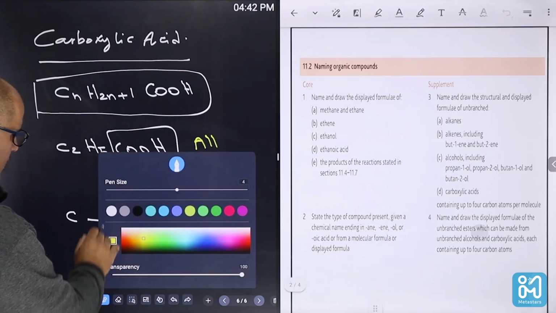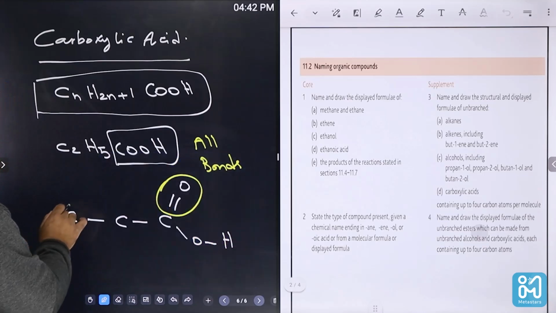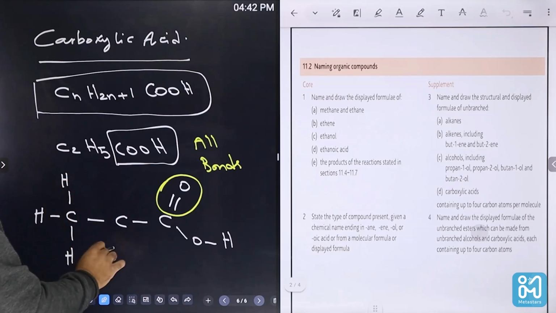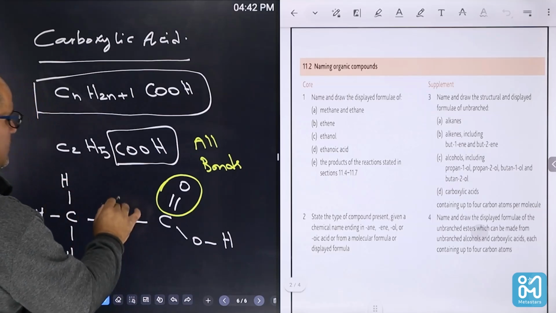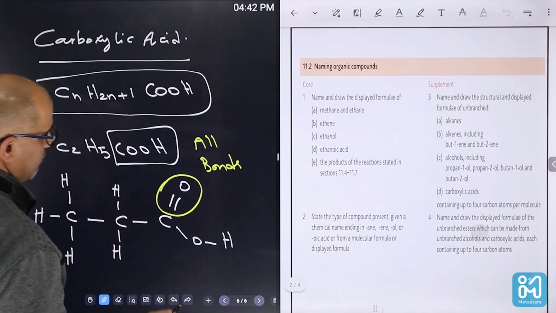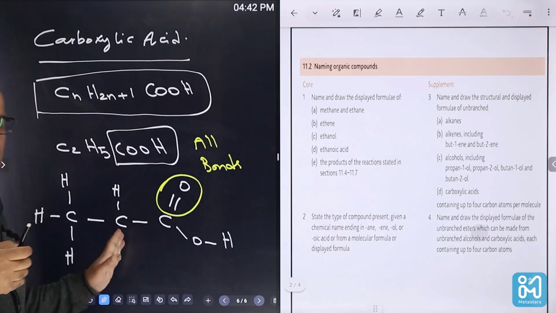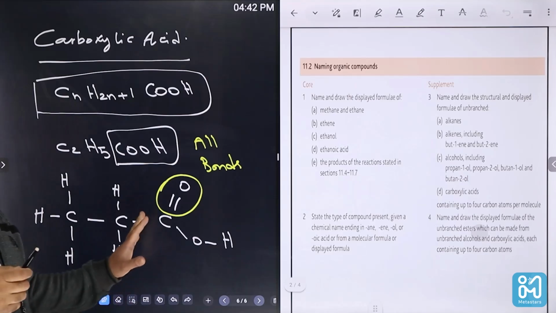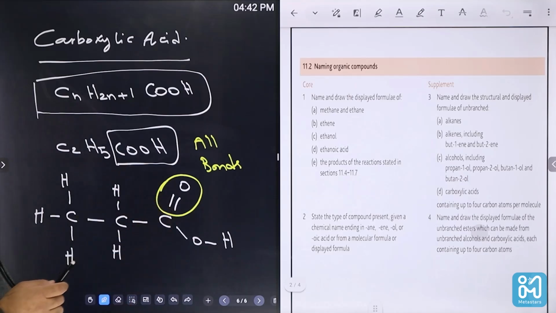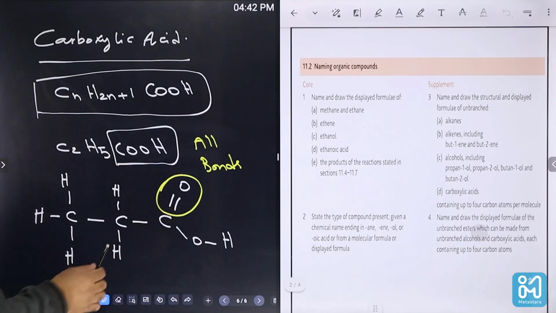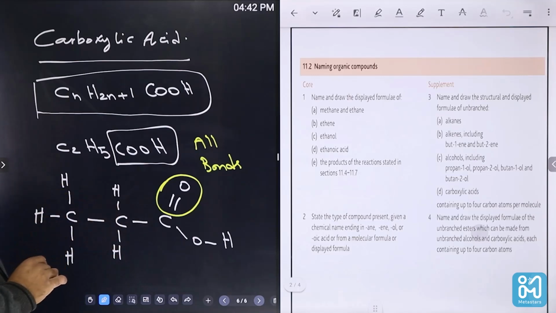And here we shall continue the structure with hydrogens. Remember that in the external exam, it is not allowed to write the formula without hydrogens. It's very important to know where the hydrogen atoms are.